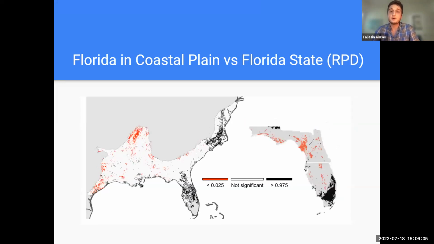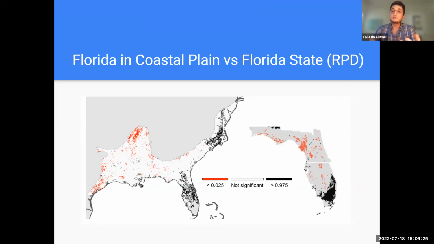And then this is showing randomization results of relative phylogenetic diversity, which, just as a reminder, is considering the branch lengths. So whereas we're very high in black, that's a lot of long branches, where it's very low in red, that's a lot of short branches.